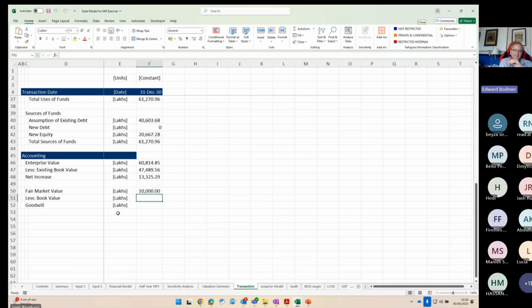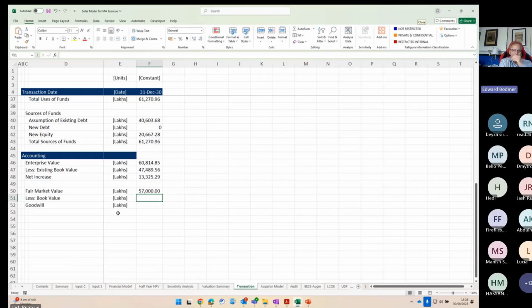Sorry, the fair market value would be 57,000. Somebody does some kind of assessment of the value, you get some kind of valuation. Put 57,000. That's more related to the enterprise value.